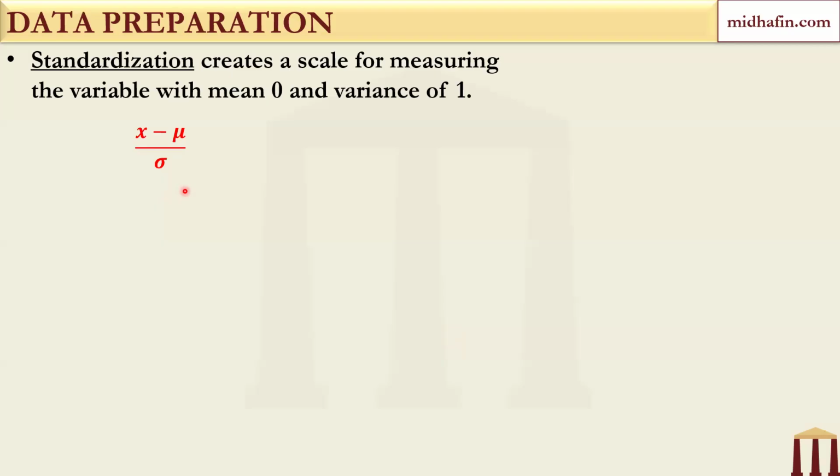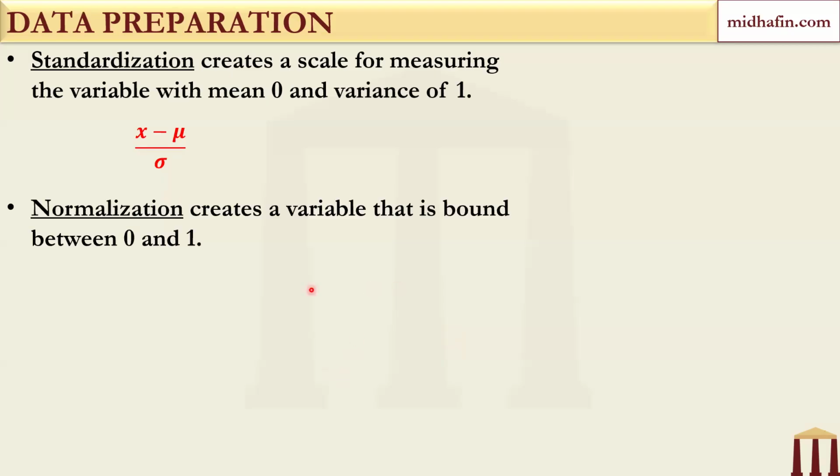If you have different sources and different units, then standardization will remove the units. Normalization creates a variable that is bound between 0 and 1. This is the formula: x minus x min divided by x max minus x min. If you want to fit all the values within a small bounded interval of 0 to 1, this is the best way out.